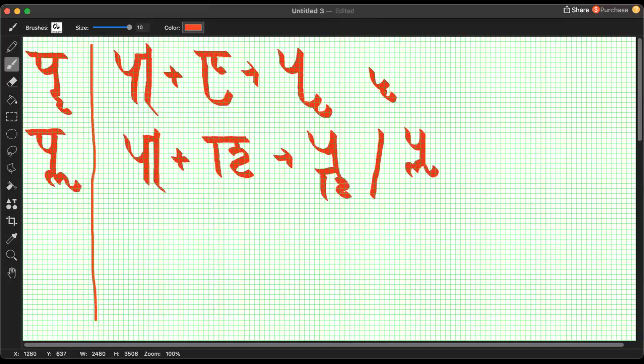Both are valid. I won't be able to show this specifically as a matra because this lr will go right below the per alphabet. If you would want to explicitly show the lr matra, then you can keep this dr. Both are right. You can write either in this way or that.